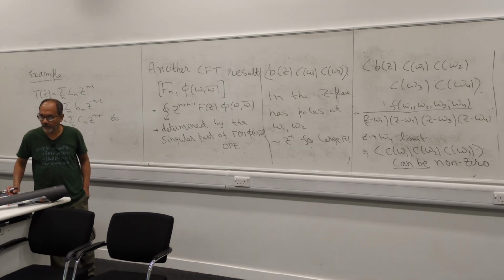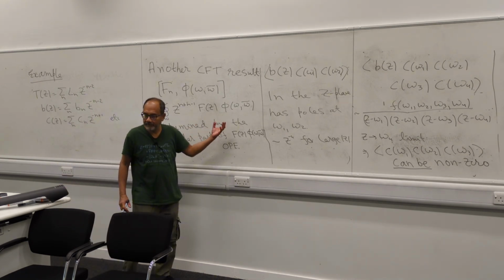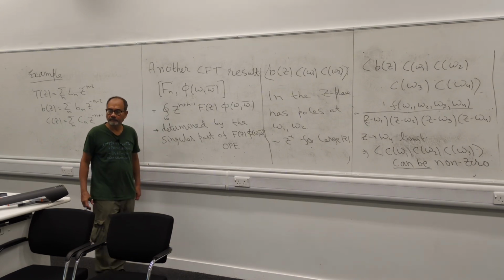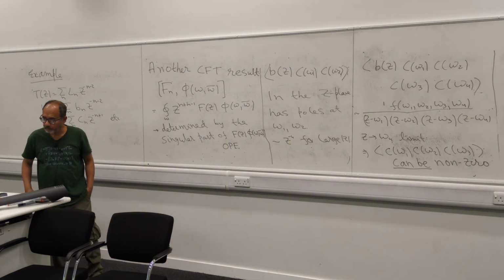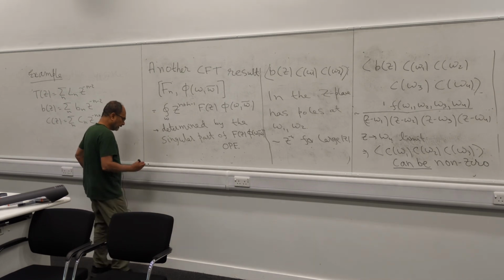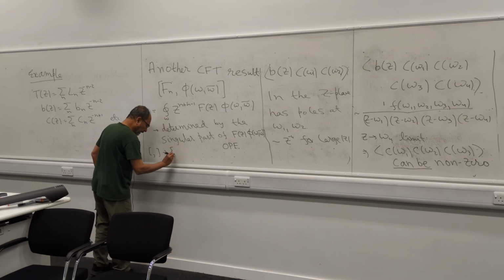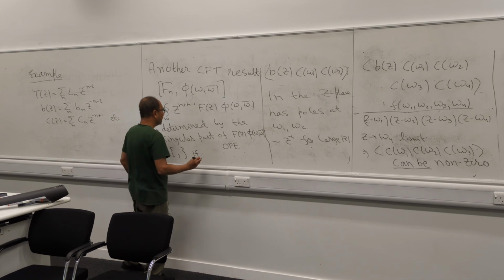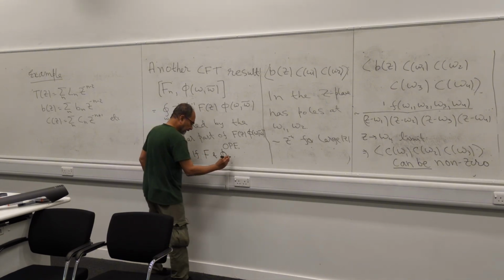All leading as well as all subleading singular parts will contribute, but the non-singular contributions will not. And another point is that this commutator is replaced by an anti-commutator if f and phi are Grassmann odd.